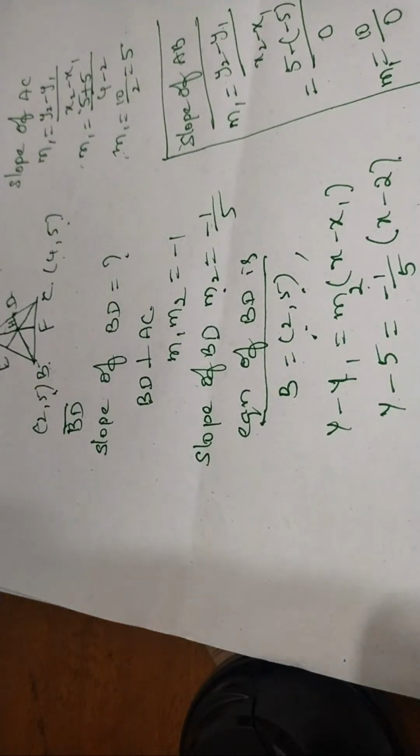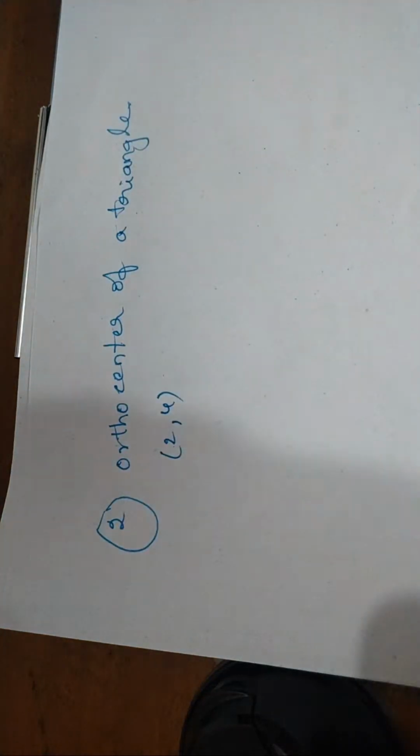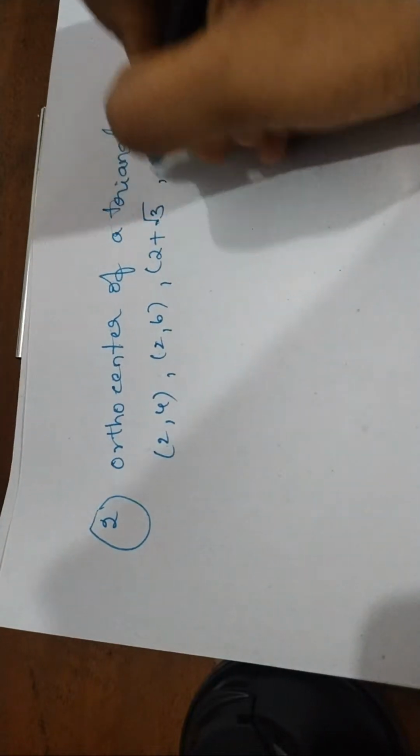We will see the next question. Find the orthocenter of a triangle having vertices (2, 4), (2, 6), (2 plus root 3, 5).